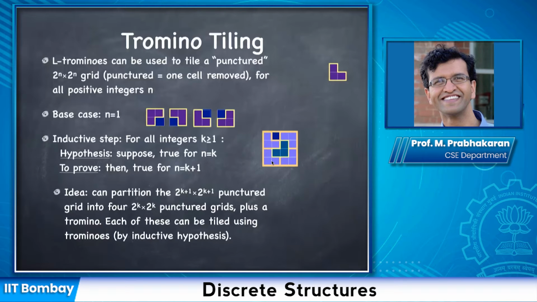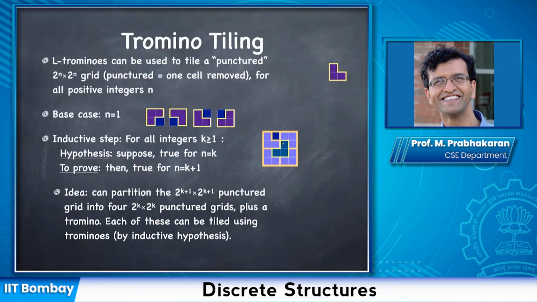And then, if you think of these covered cells as being removed, what I need to further cover is, so this one is a punctured grid of size 2 to the k by 2 to the k. And this one is also now a punctured grid of 2 to the k by 2 to the k.